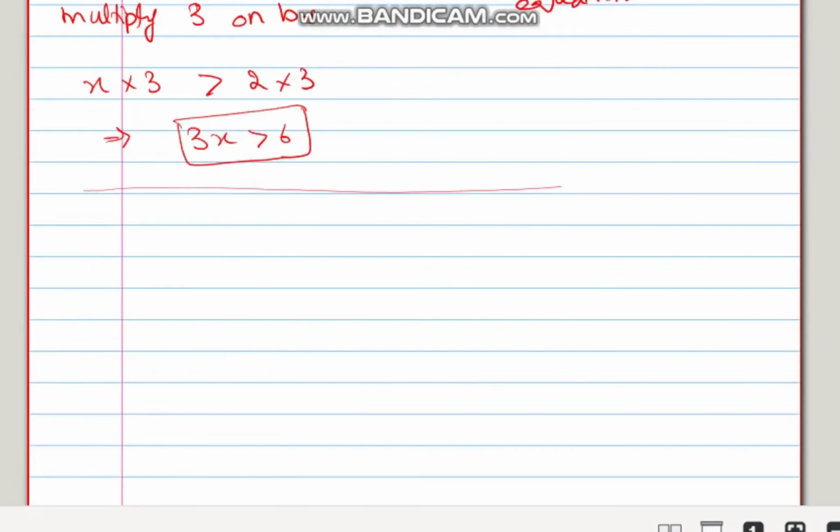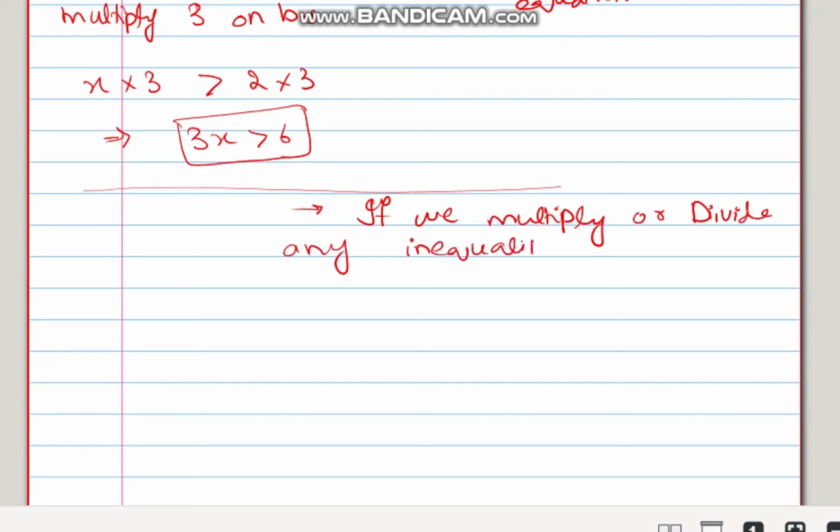Another point says that if we multiply or divide any inequality with a negative number, I told you this point before also, negative number means the number which has minus, then the direction of the inequality will change.